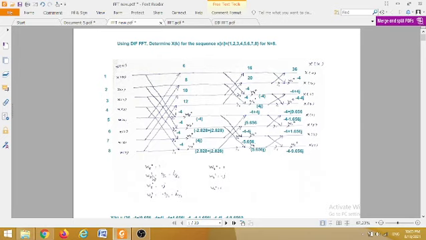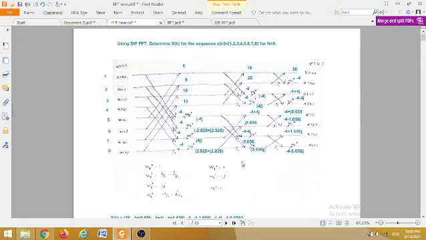Here sin 135 is positive, but cos 135 is negative. So finally we will be getting minus 1 by root 2 for cos, and sin 135 is positive, but it is having minus j. So minus j into 1 by root 2. So minus 1 by root 2 minus j by root 2, like this. So the twiddle factor values must be remembered properly.